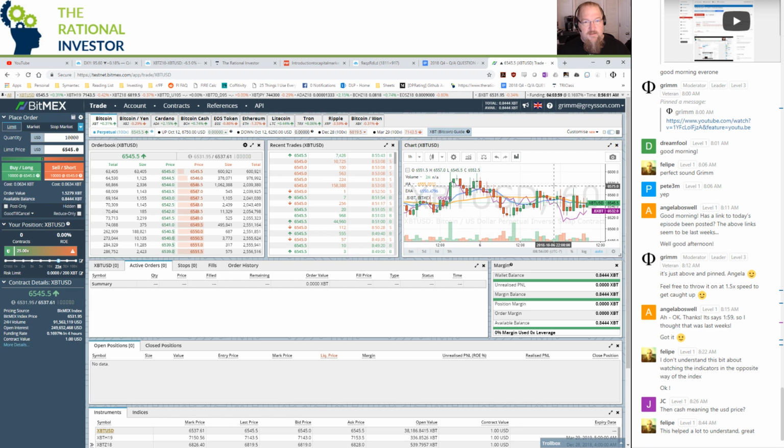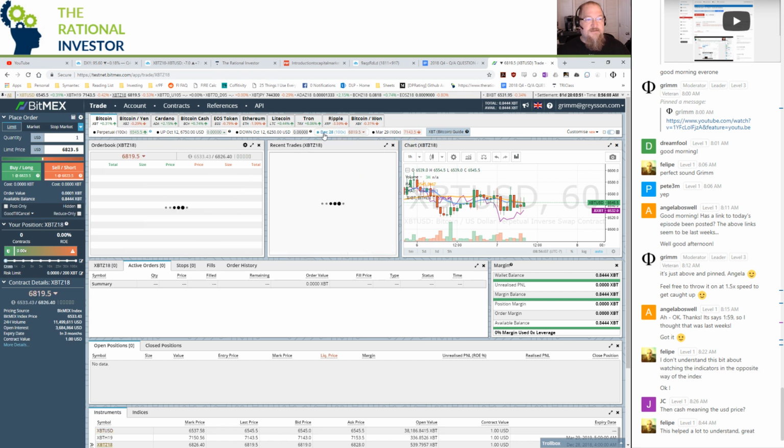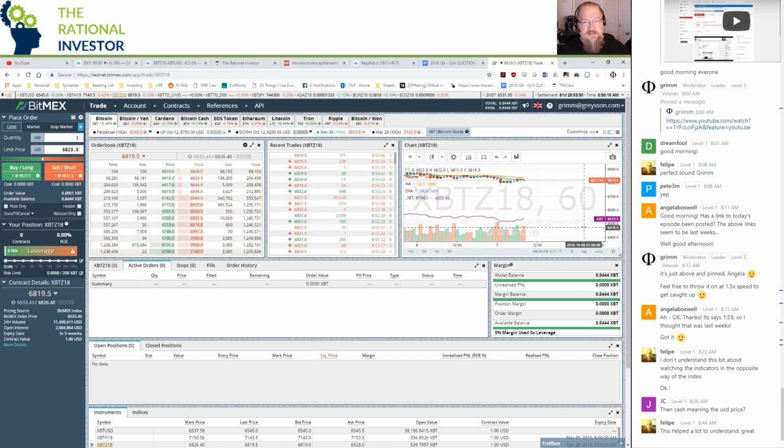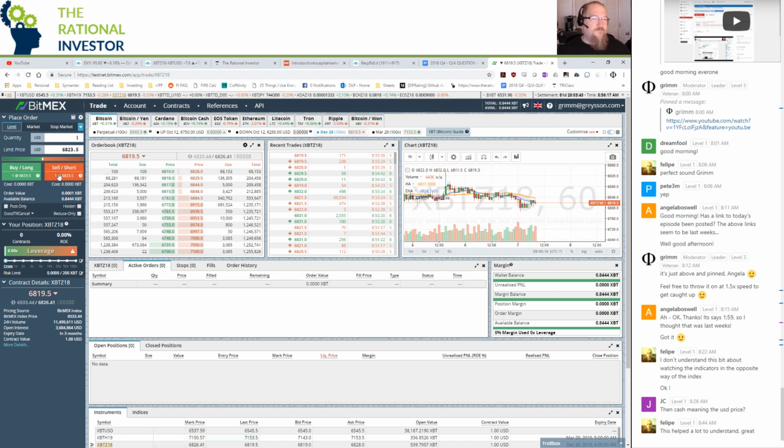That's the value of the asset right now, 65.45. Then we have a December 28th contract. What this says is the people buying and or selling this contract believe that the price is going to go up or going to go down.